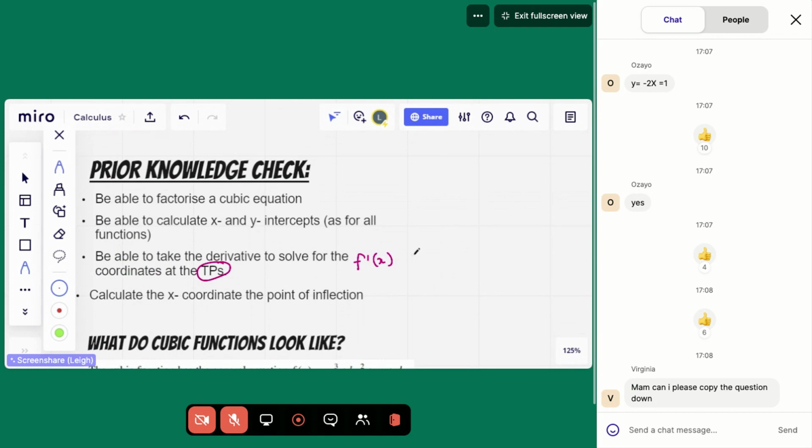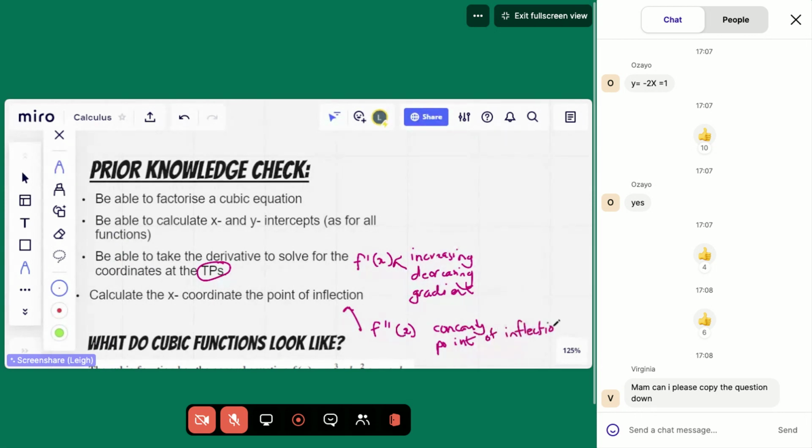So when we see words like increasing or decreasing, because those pertain specifically to gradient, or we see the word gradient, then we know that we are referring to the first derivative. If we see a word like concavity or point of inflection, then we're talking about the second derivative.